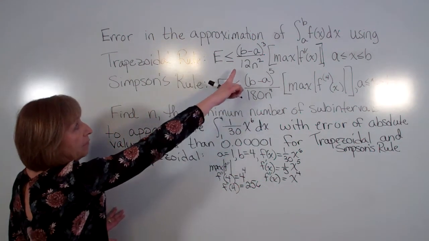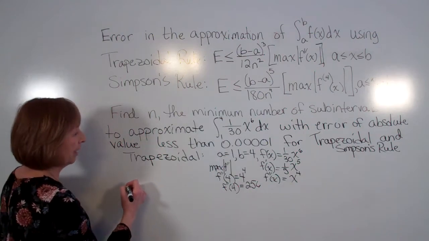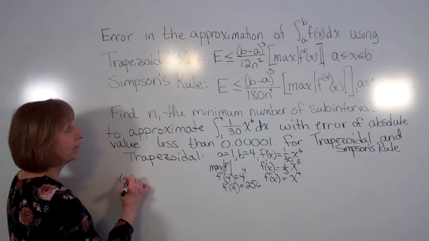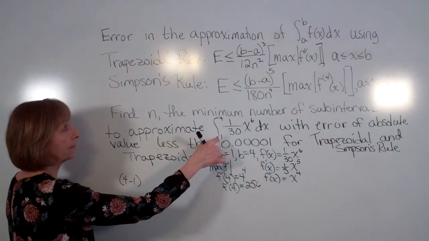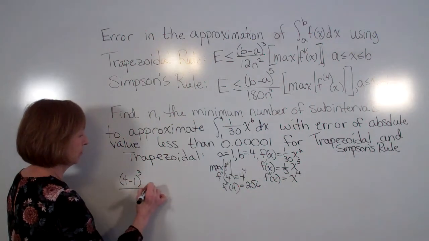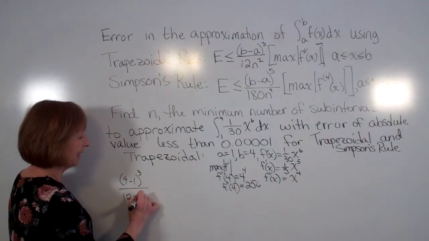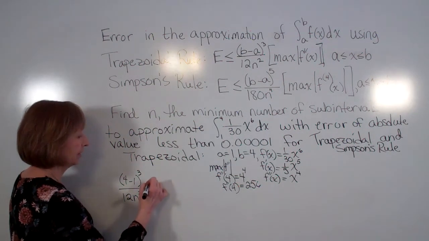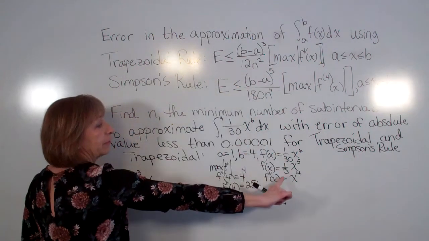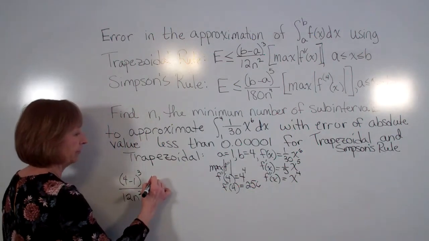Now when I come back over to the trapezoidal error approximation, b is 4 minus a is 1, quantity cubed, over 12. I leave that as n squared. My maximum value of the second derivative on the interval for this situation is 256.